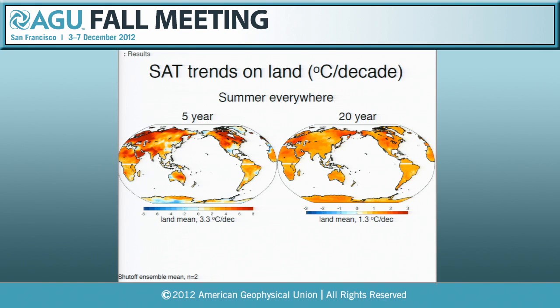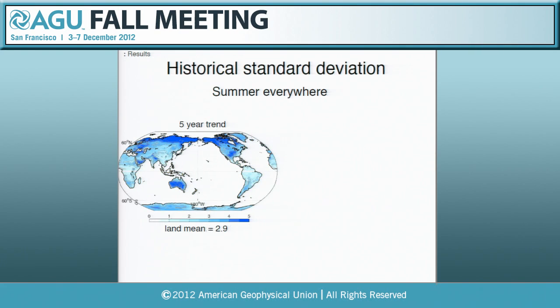So the question that I had then is, yes, we all know that those are very large, but how anomalous are these? I want to put them in the context of the past century. What I did is take a historical simulation and compute 5 and 20-year trends throughout the simulation, starting from the year 1900, and take the standard deviation of those trends. I'm going to normalize in every grid cell by these maps here.